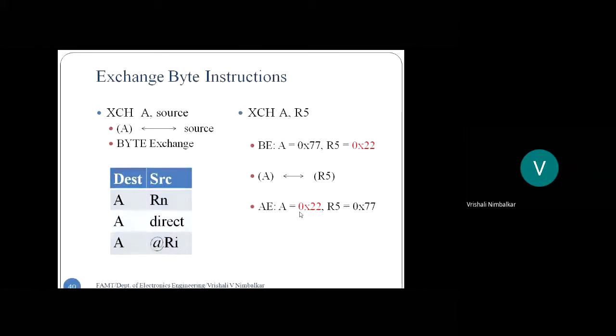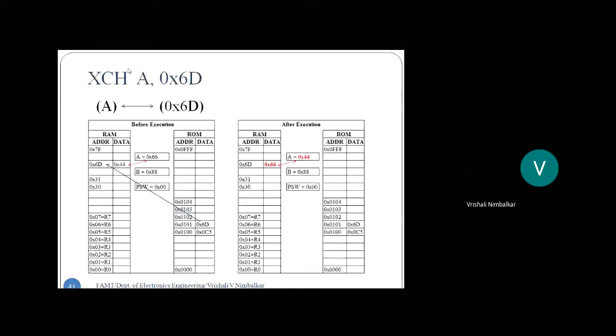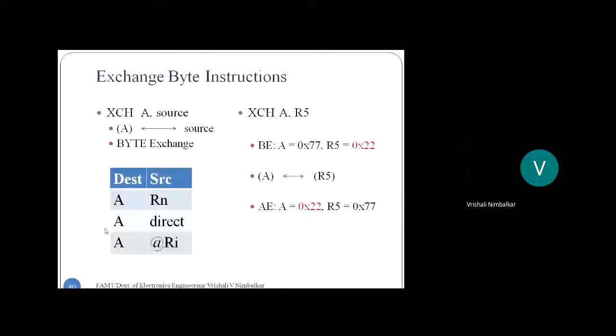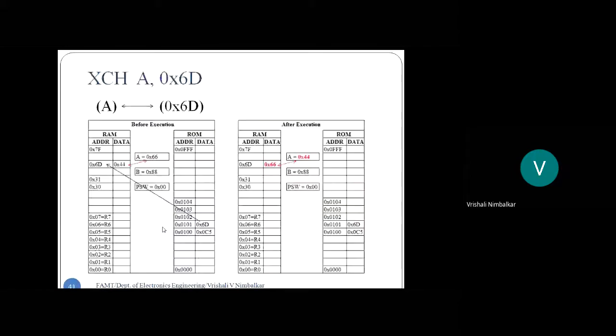So let us see it in detail. Fine. I have taken an example of XCH A comma direct. So here I have mentioned XCH A comma, the address of the memory location. So this is the exchange between direct memory and the accumulator. So data from this memory address is exchanged with the data from the accumulator.